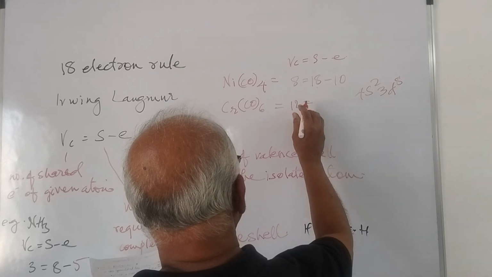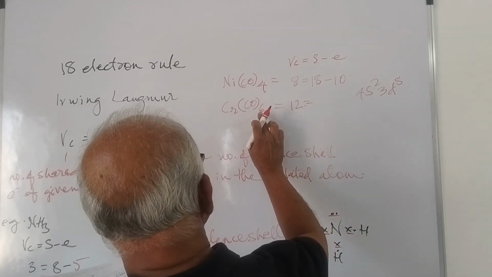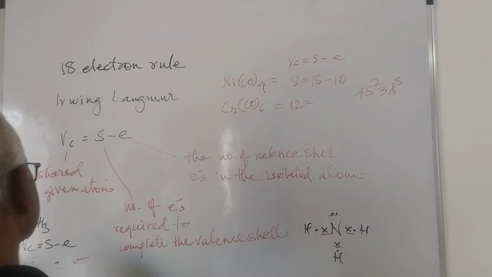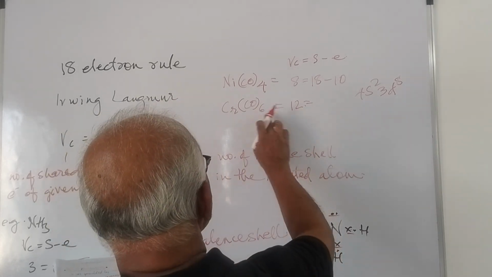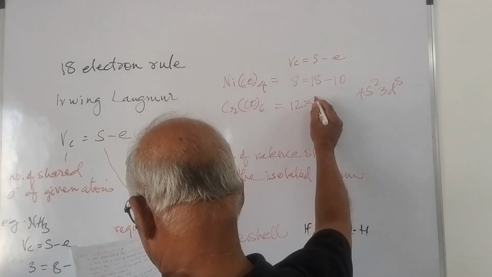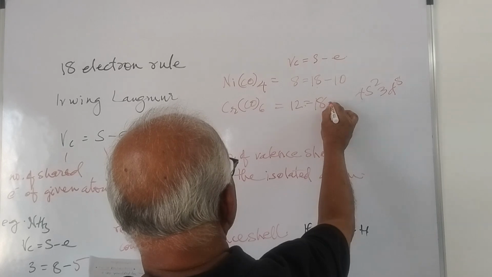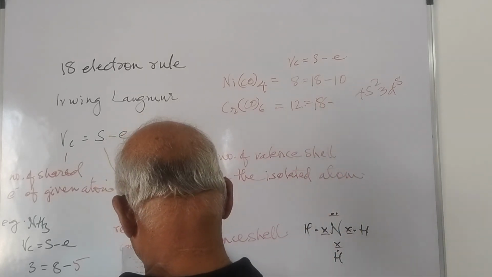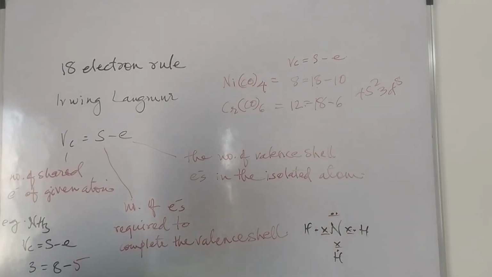Here chromium has 18 capacity, and 6 electrons are actually contributed by the ligands, making 12 electrons shared.